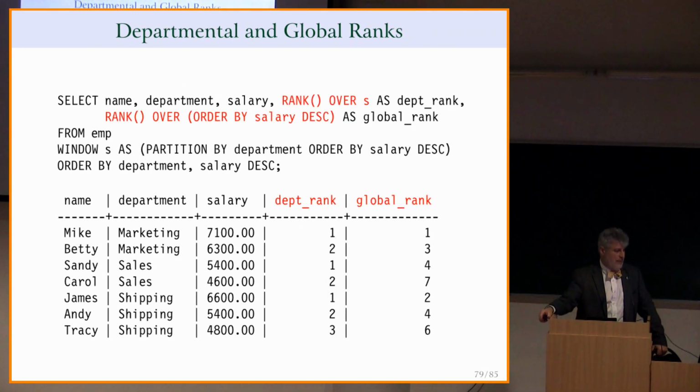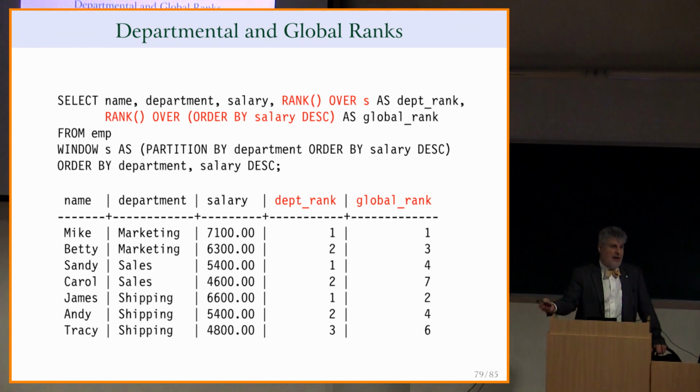This is an interesting one. What it's showing me now is the ranking of the employee within their department, and then the ranking of the employee within the company. And what I'm trying to highlight here is that I can have different partitions, different window clauses for different columns. In fact, I could even mix them up.